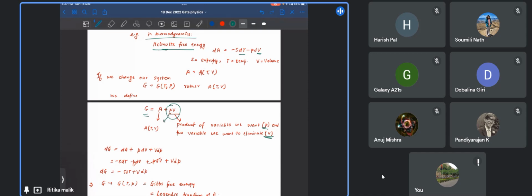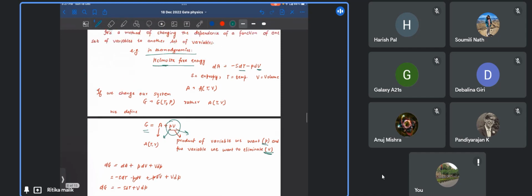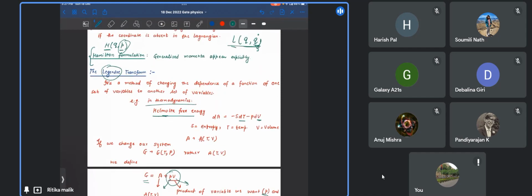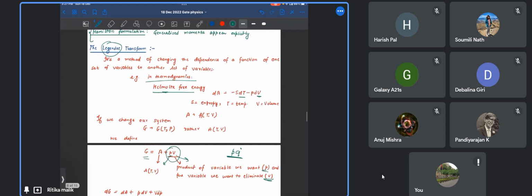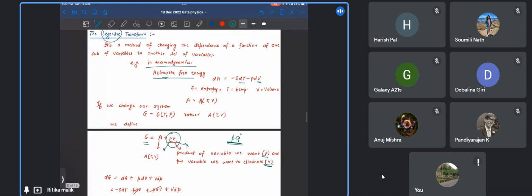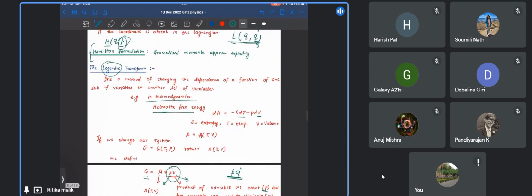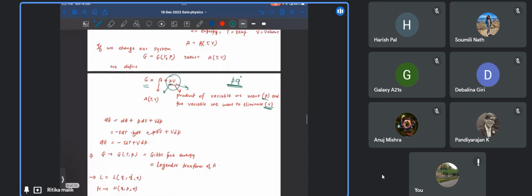P is the one to which you want your system to change and V is the one which you want to eliminate. In this case, I want to eliminate q dot and add the momentum. So if I take p q dot and add this term to our Lagrangian, then it will give you our Hamiltonian that we will see here.